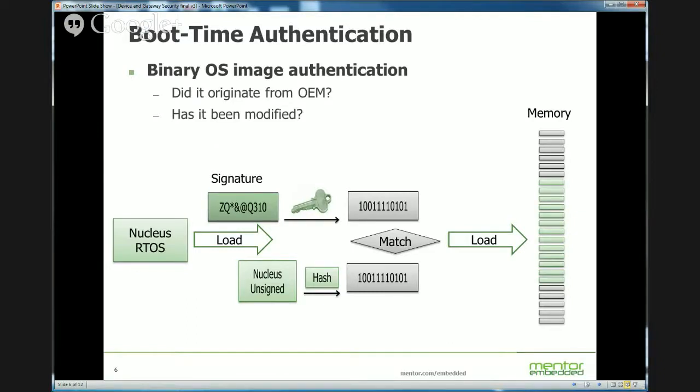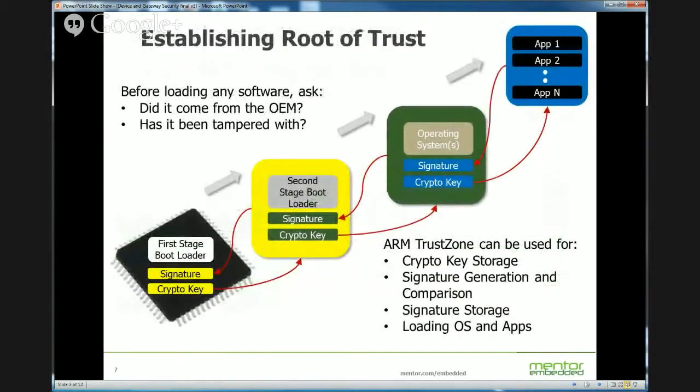So these are strategies that can actually be deployed to ensure the authentication and the integrity of the code that's being used. Now this can actually transcend the booting, right?